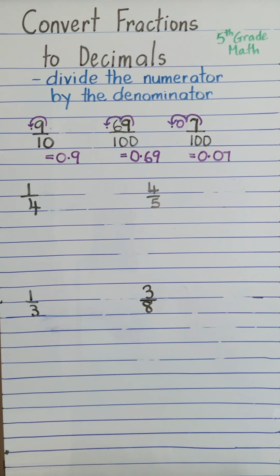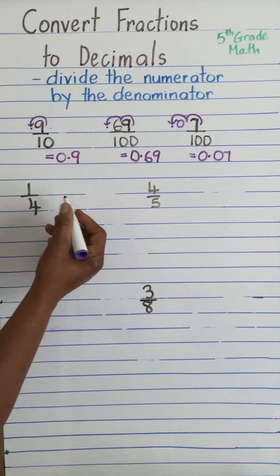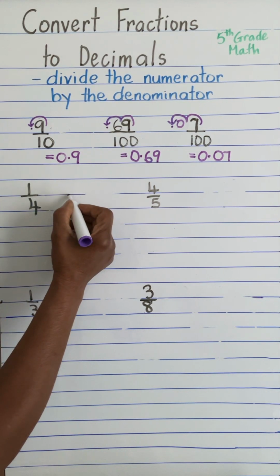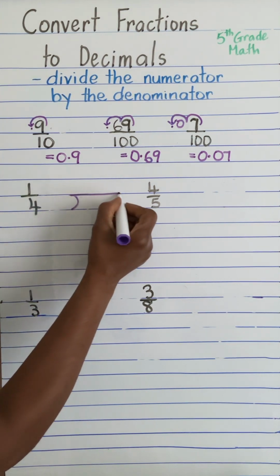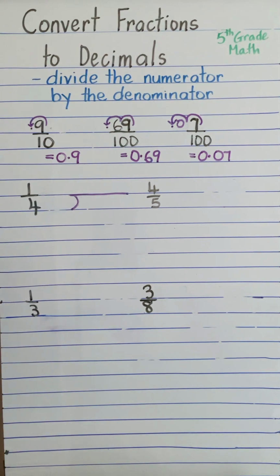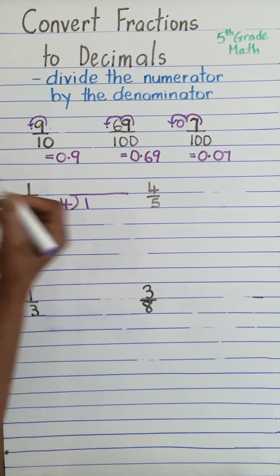Let's move on to the next two examples, a quarter and 4/5. So remember the rule: divide the numerator by the denominator. So this one is equal to 1, the numerator, divided by 4, the denominator.